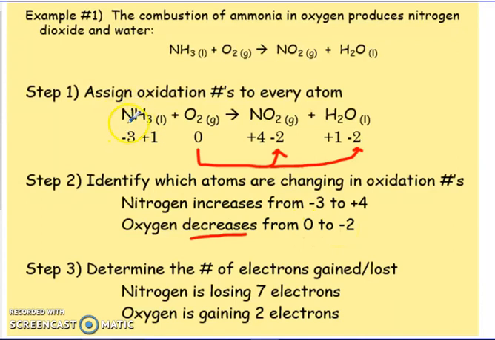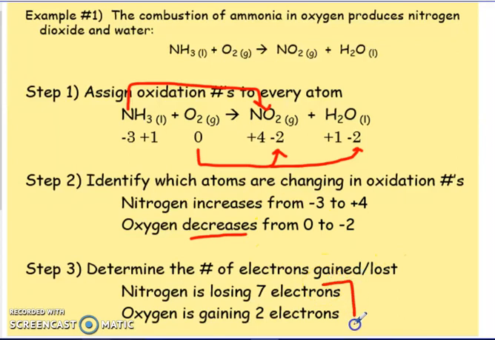Nitrogen is going from -3 to +4. So what that means is nitrogen is losing electrons, and it's actually losing quite a bit. It's losing a total of 7 electrons, right? So we have nitrogen that's going up by 7 and oxygen going down by 2.